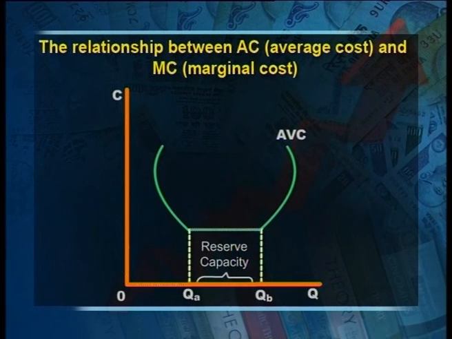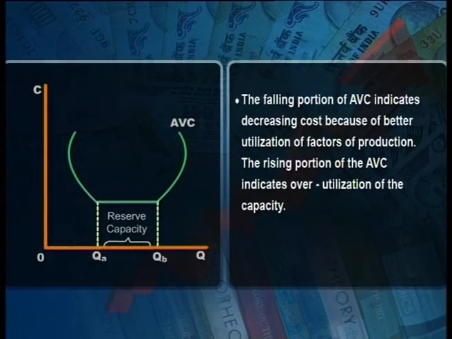It's clear that the falling portion of AVC indicates decreasing cost because of better utilization of factors of production. The rising portion of the AVC indicates overutilization of capacity. The flat stretch from QA to QB is due to reserve capacity.